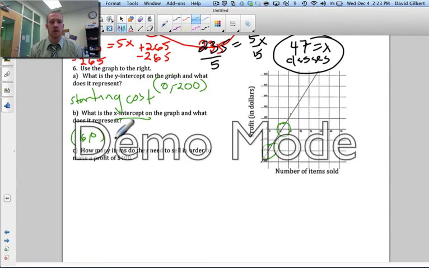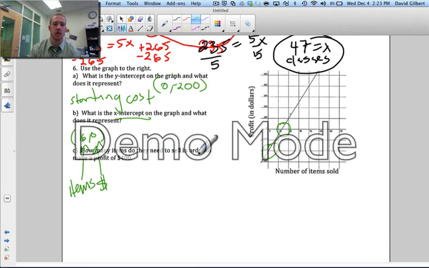And what that means is the money you're making is 0 when you sell 16 items. So you could just say if you sell 16 items, you make 0 profit. Or your break-even point, the point where you go from losing money to making money, is 16 items.